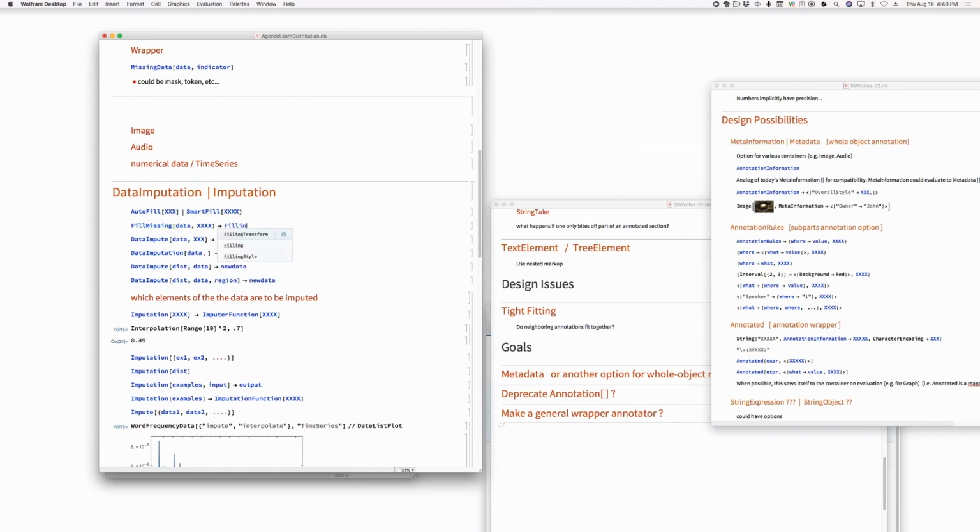Fill function. That sounds like the imputer function. Oh yeah, and the function, yes. Fill function. Not quite right. I agree. But hold on a second.